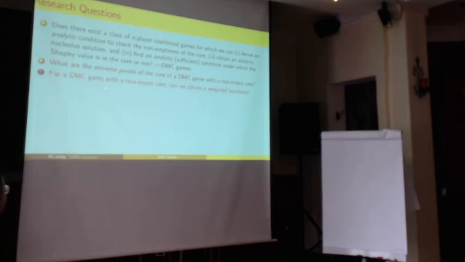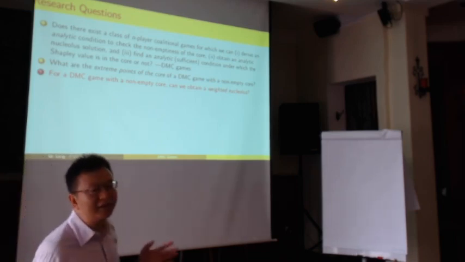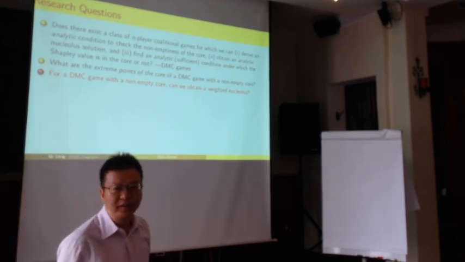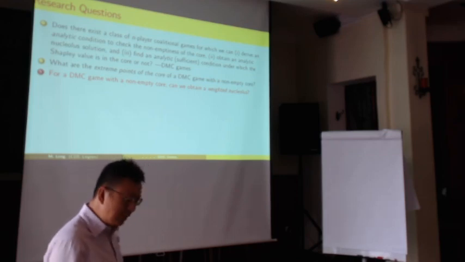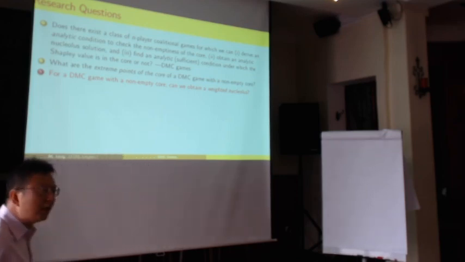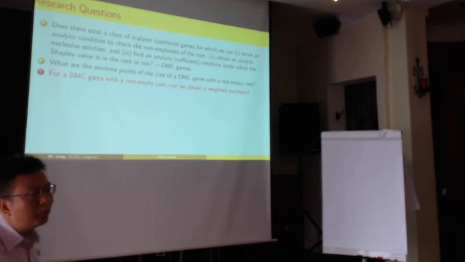Okay. Next one, for DMC games with non-empty core, can we obtain a weighted nucleus? This is a generalization of the nucleus solution. Based on two new definitions of the weighted excess, we find the weighted nucleus.